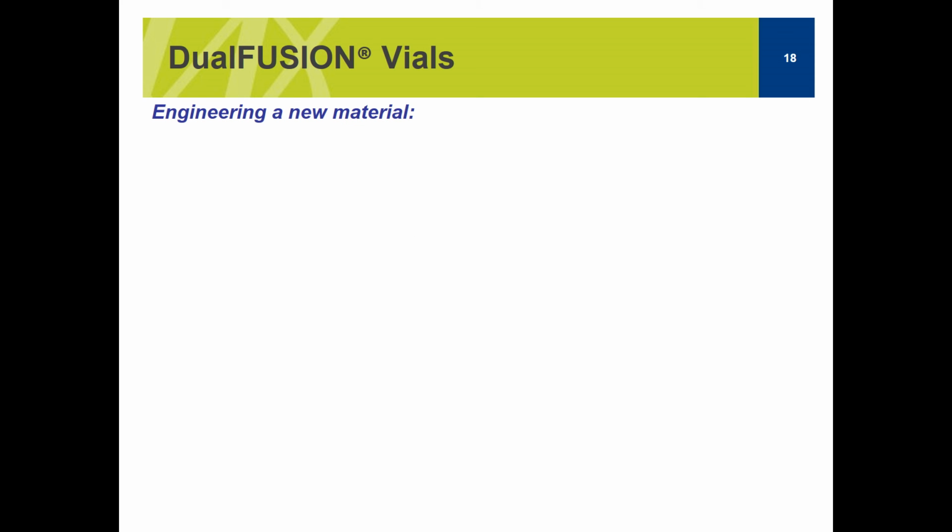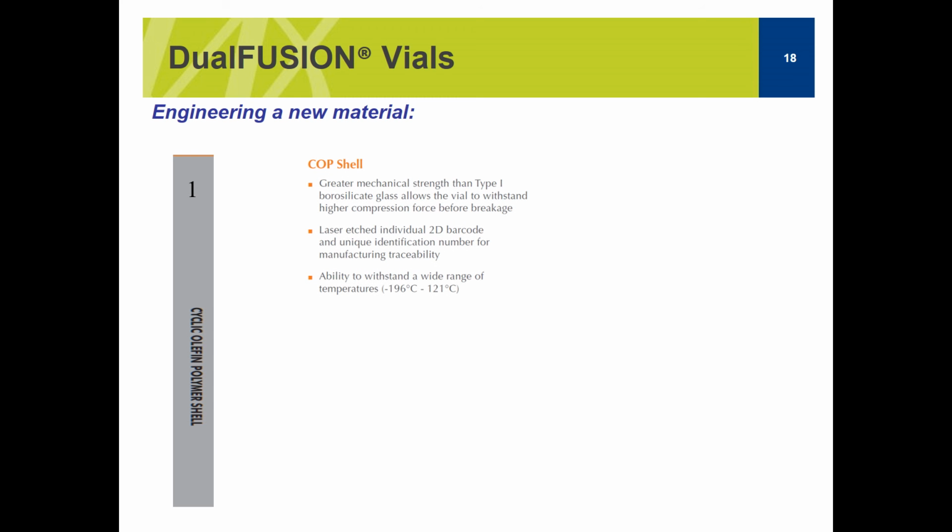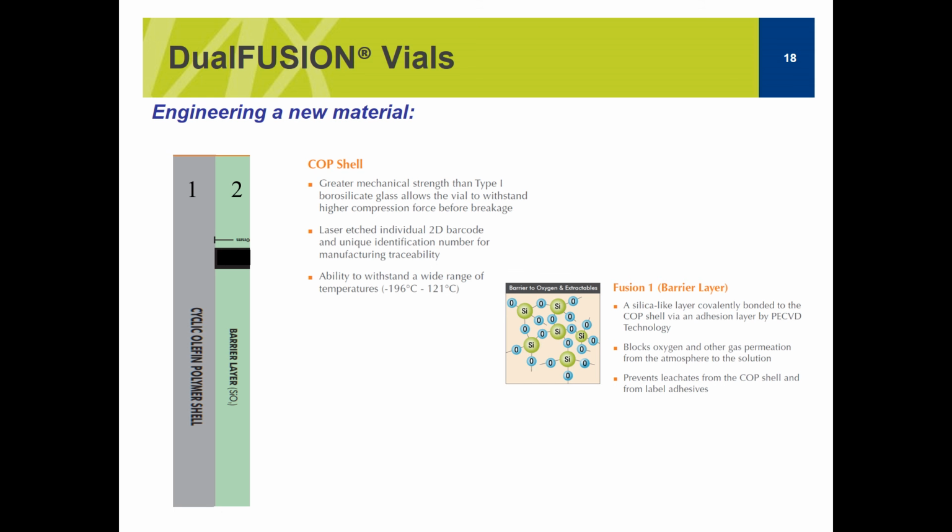So DualFUSION vials, what are they made out of? They're made out of a new material. This is fusion material, and this fusion material starts out with a COP shell, so this is a plastic shell. We're starting with that, and then we're going to fuse an SiO2 layer. This layer is going to be the barrier layer.